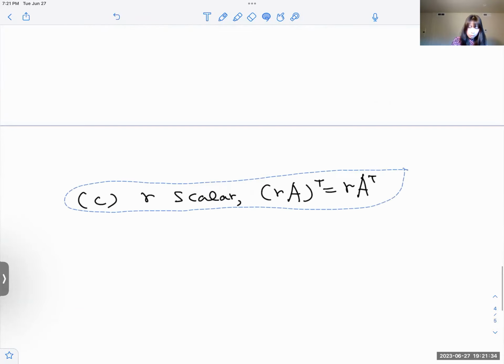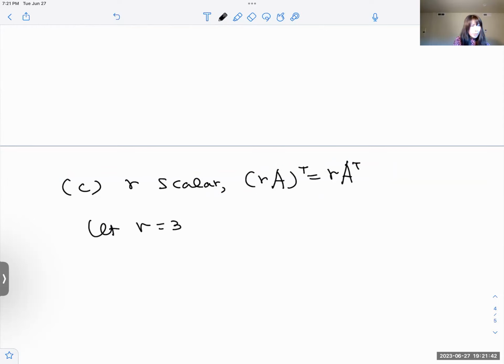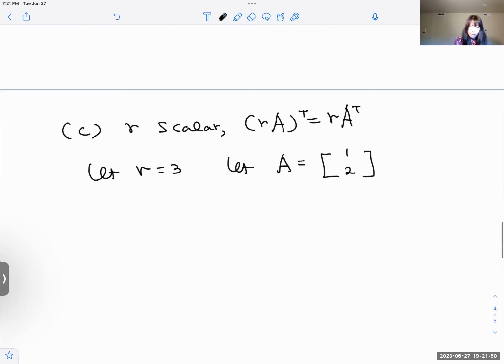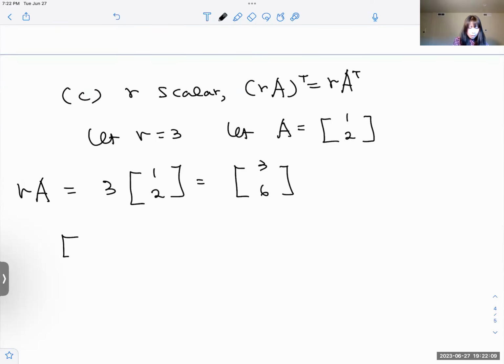Let r equal 3 and let A equal 1, 2. Then we get 3 times 1, 2, which is r times A, that is 3 and 6. Okay, let us make r A transpose.